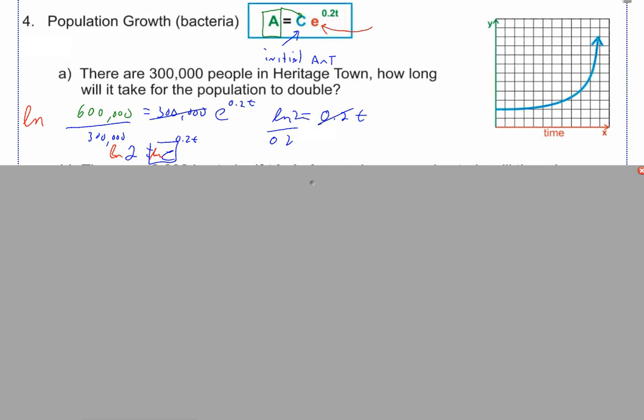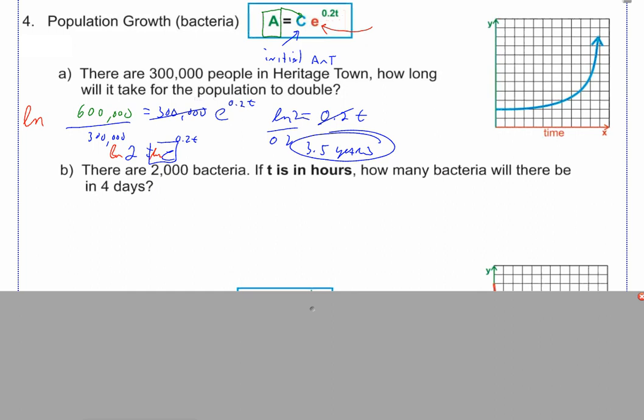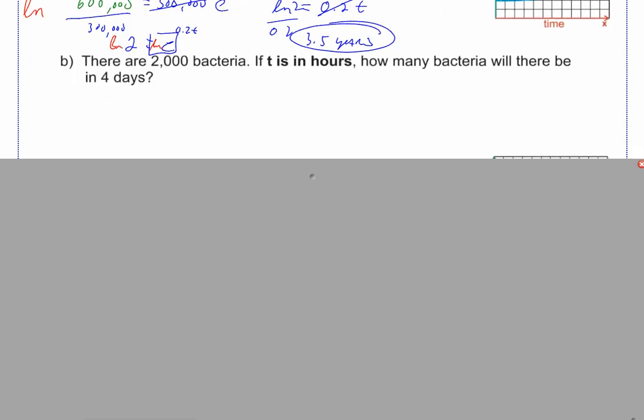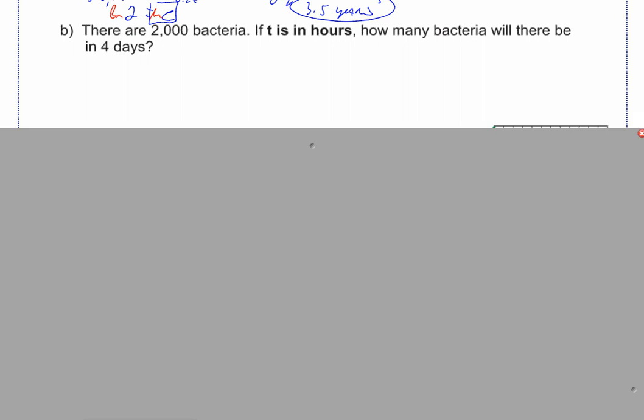And what are we in? We're in years, and so this is 3.5 years for the population of Heritage Town to double. Don't worry about your button. We'll play with it a lot in the second half of the chapter. If you didn't find it, it's not going to be an issue.